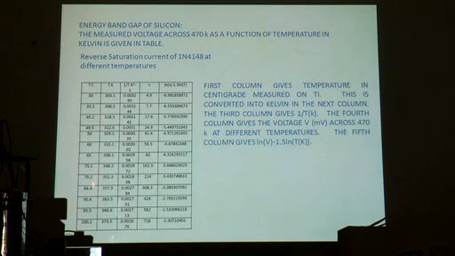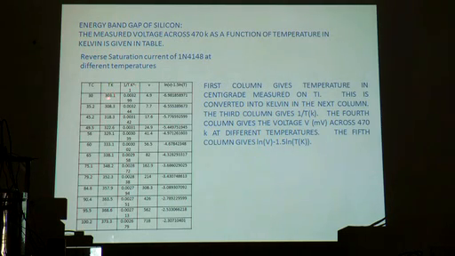These are the readings taken for the reverse saturation current. The first column gives the temperature in centigrade, second column gives the temperature in Kelvin. You add 273.1 to the readings in the first column. Third column gives the reciprocal of temperature in Kelvin.